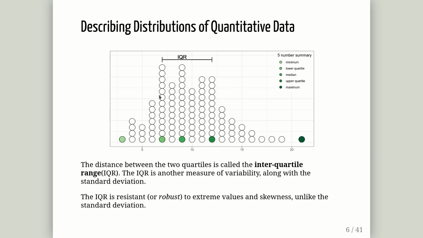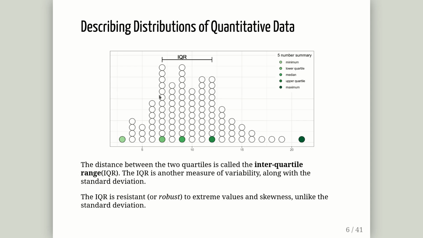The distance between the lower quartile and the upper quartile is called the interquartile range, or IQR. And the IQR is another measure of variability, like the standard deviation. The difference is that the IQR is what we call robust to outliers, in that we have this outlier at 21.